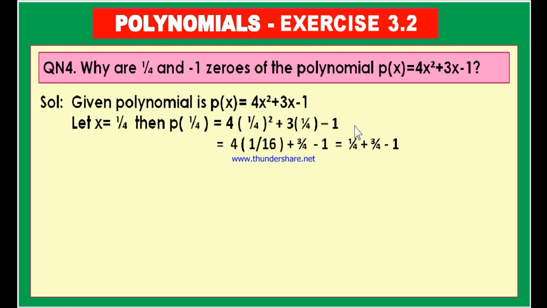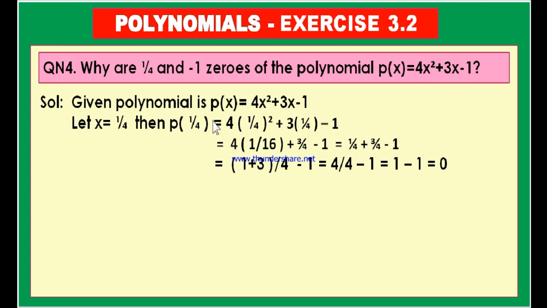Now if you observe these two fractions, these two have the same denominators 4 and 4. Therefore 4 itself is the LCM. If 4 is the LCM, then the numerator is 1 plus 3, by 4 minus 1. What is 1 plus 3? 1 plus 3 is 4 by 4 minus 1. Now 4 in 4 one time, therefore 1 minus 1 is 0.